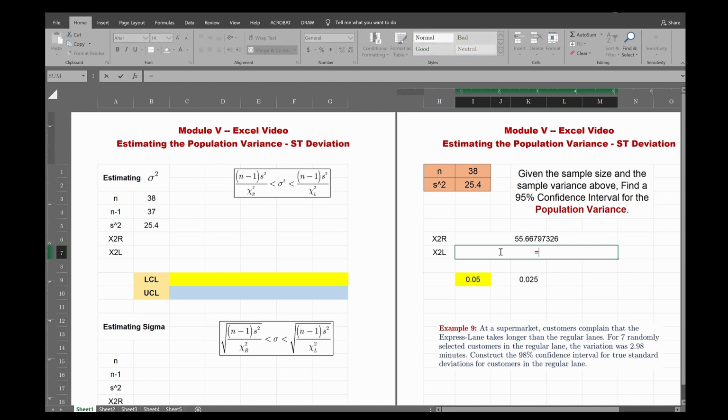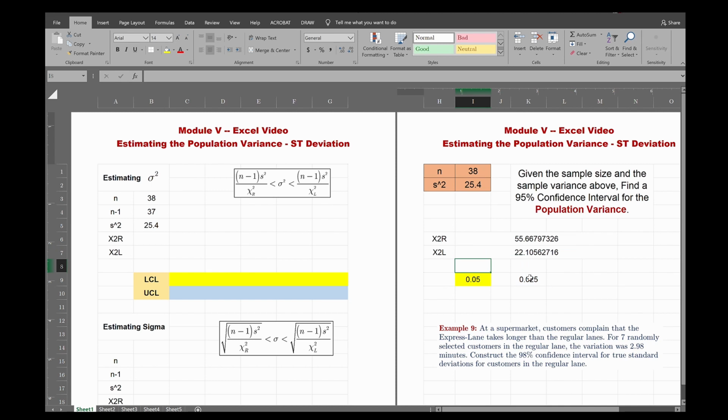So you write equal to chi-square inverse without the right tail, and you just put the probability and you use the same probability, comma, and the same degrees of freedom, 37. The only difference between the commands is one uses right tail, the other one doesn't, obviously, because it's the left tail.